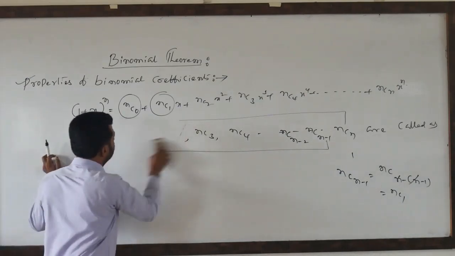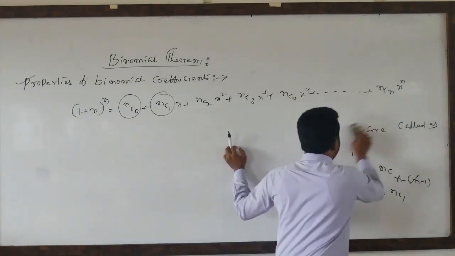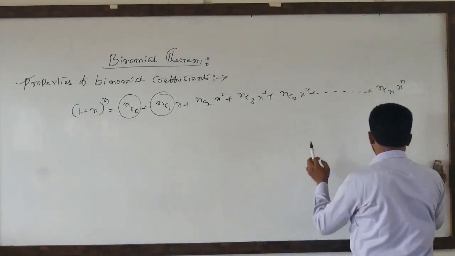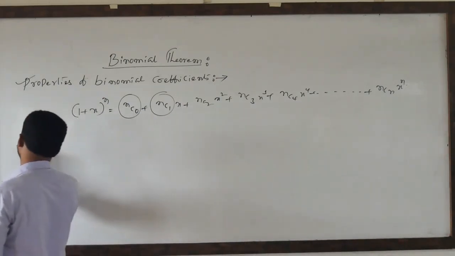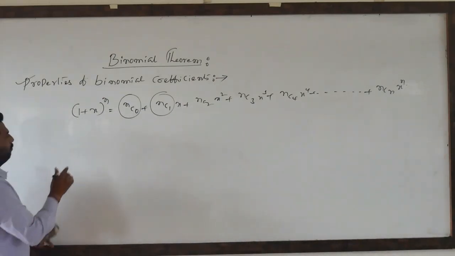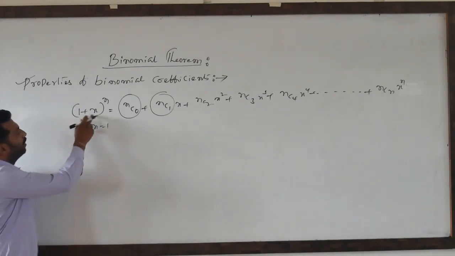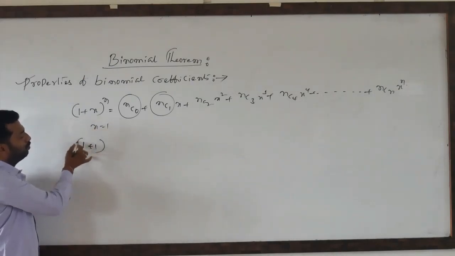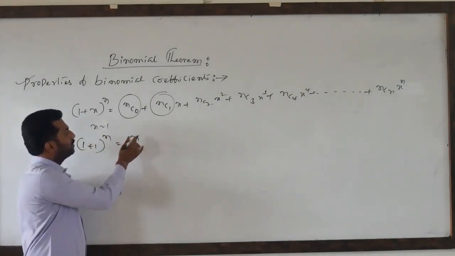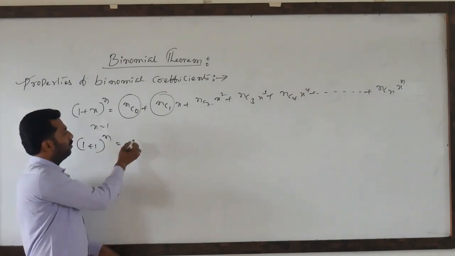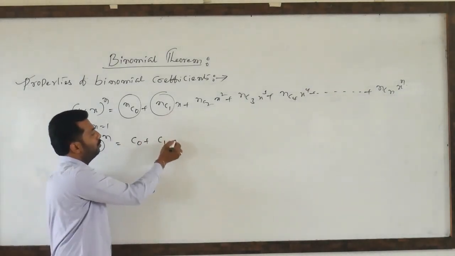Next, in this expansion, we are taking (1 + x)^n only. Suppose x equal to 1, if I substitute, (1 + 1)^n. This is nC0, nothing but C0 only I am taking. This is C1 into x value 1.